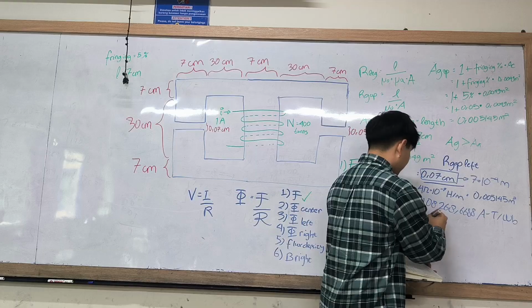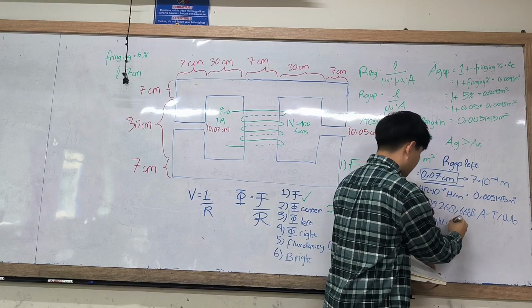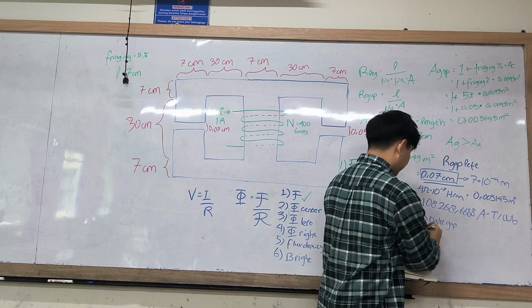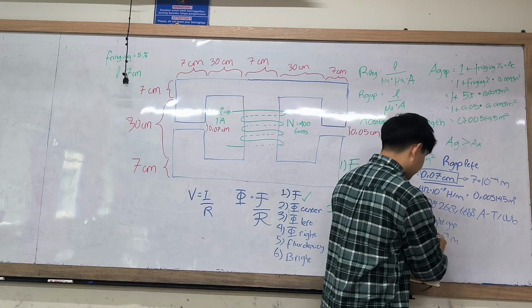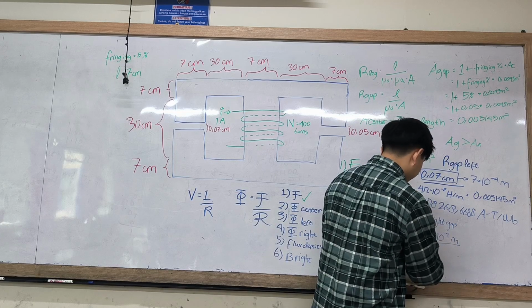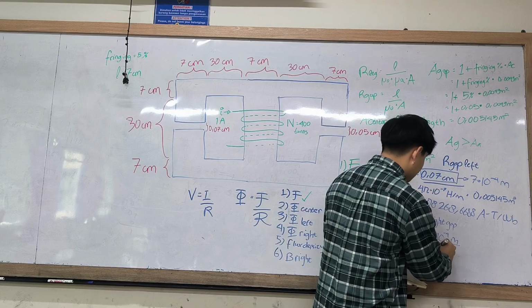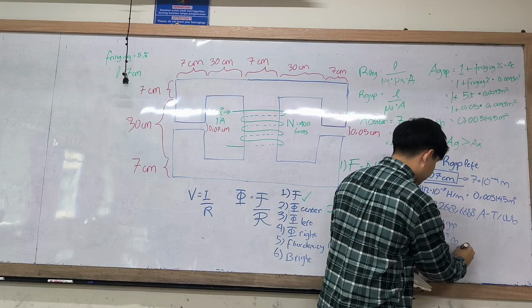The reluctance for the right gap would use 5 times 10 to the power of negative 4 meters instead, divided by the same permeability of free space, and multiplied by the same gap area.